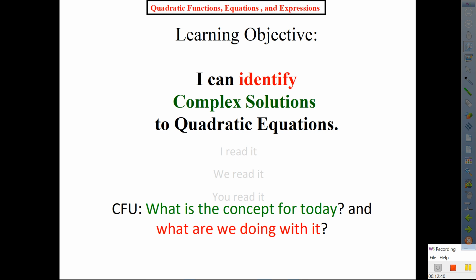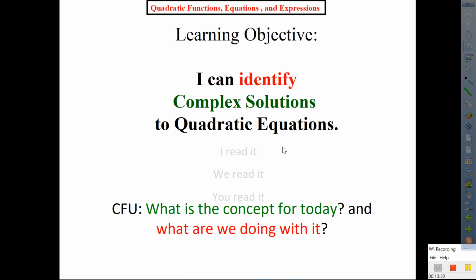You don't need a Frayer model because we already know what complex numbers are. Is that correct? Say that again. Oh yeah, it's always been there. You guys never noticed this? We read, you read? Yeah.